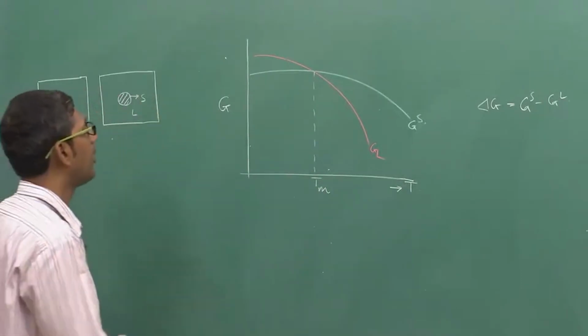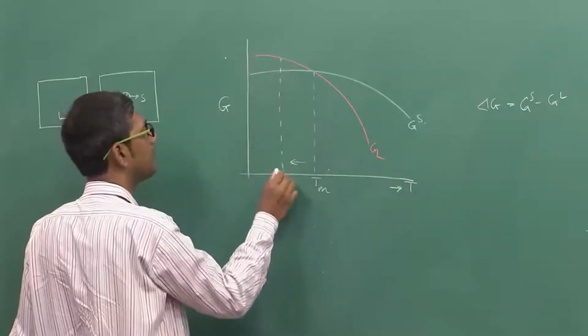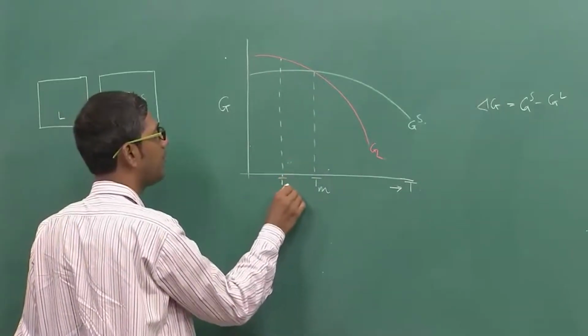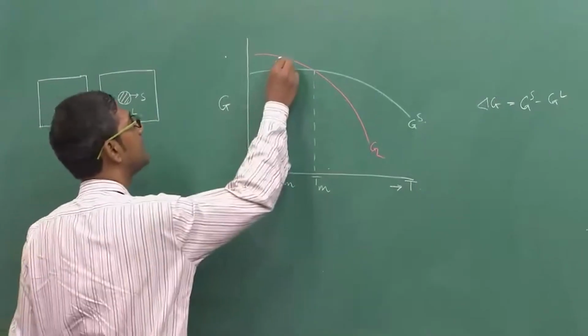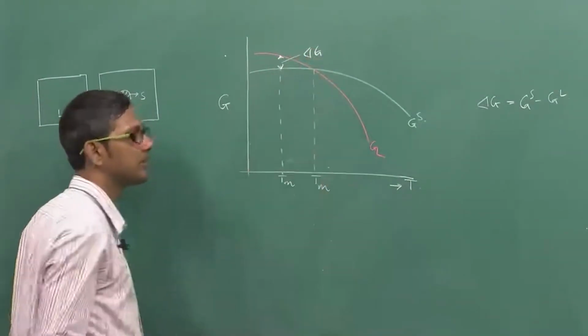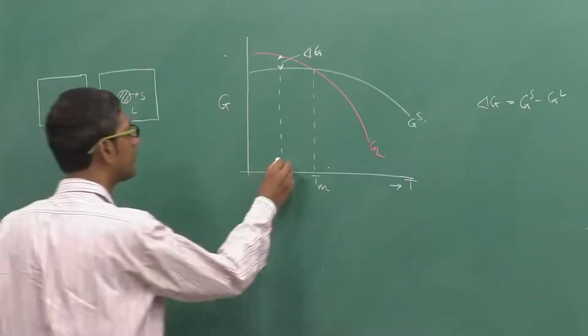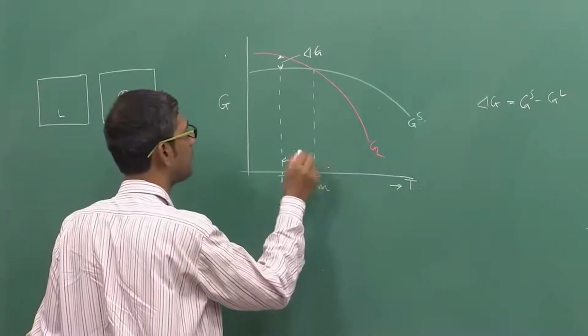So, only when I cool this liquid to a certain temperature below the melting temperature, I see there is a gap, and that gap is nothing but the difference of free energies of solid and liquid, which is available to the system to have phase transformation.